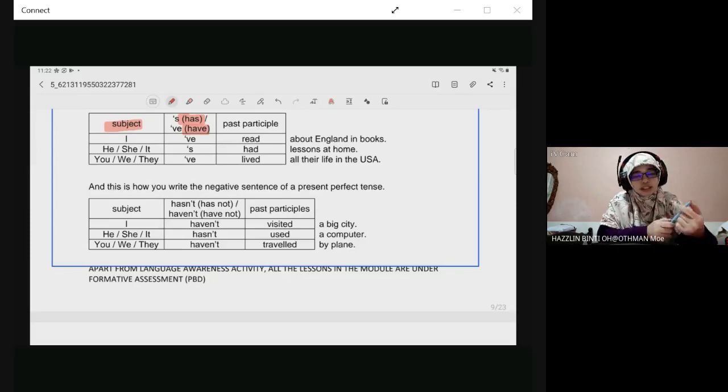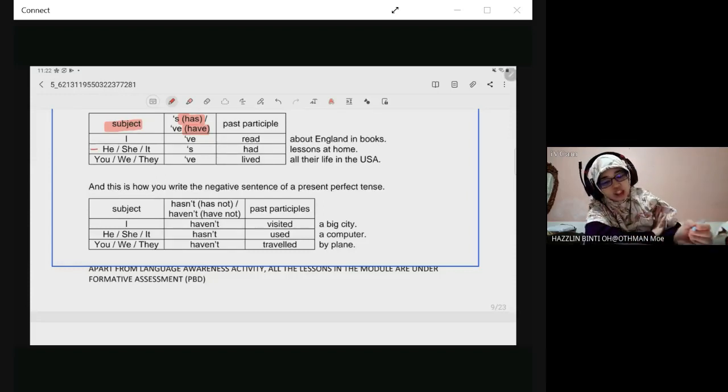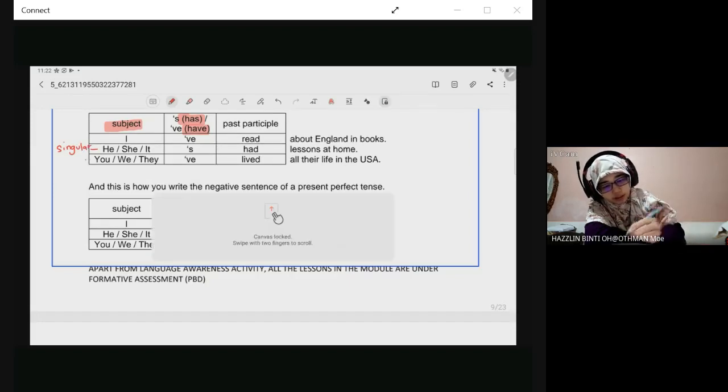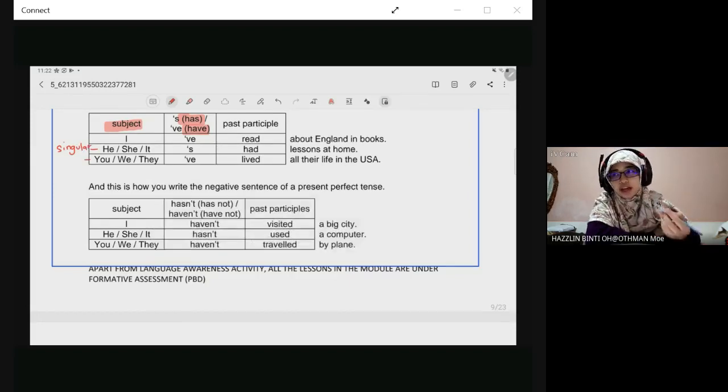These are the short forms for has and have. And I want to point out he, she, and it. This is singular. And you, we, they, this is plural.